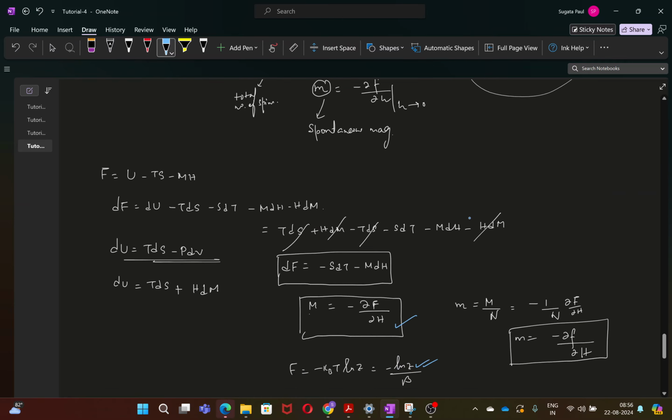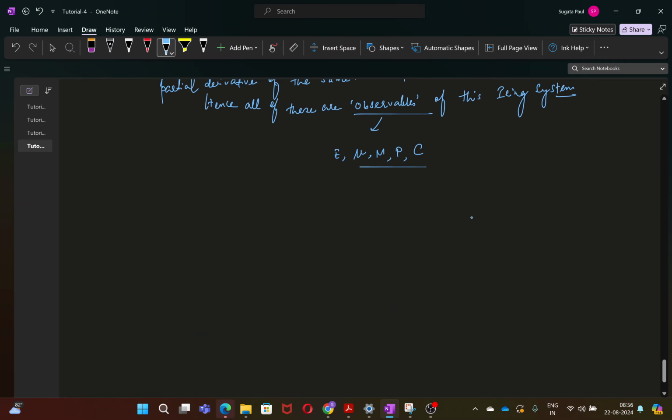So question number 2 says that this is, let's say, your atom mentioned in the question, and it is in thermal equilibrium with a heat bath at a particular temperature T, and there is an external field applied in a certain direction on this atom.